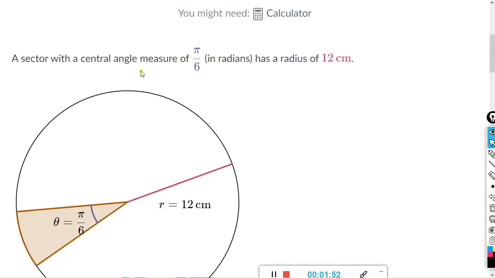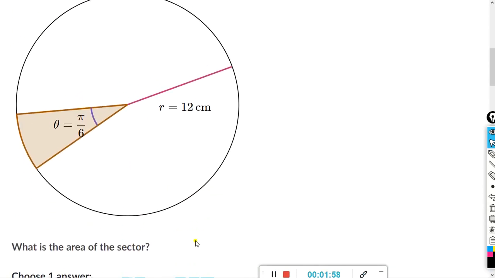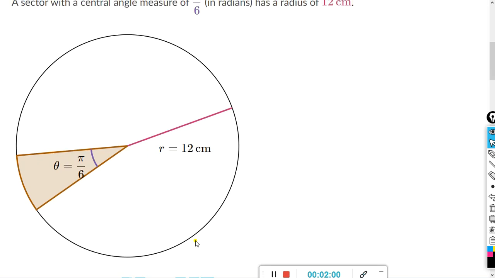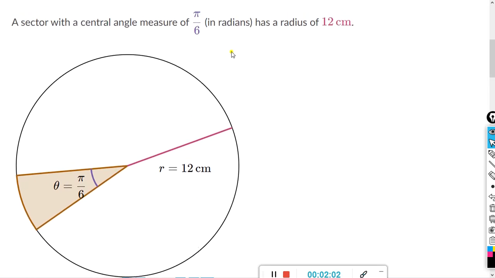A sector with a central angle measure of pi over 6 in radians has a radius of 12. What is the area of the sector? Okay, so since we're dealing with radians, I am going to use the ratio and proportion with 2 pi instead of 360. So the central angle theta is in the numerator, that's divided by 2 pi.